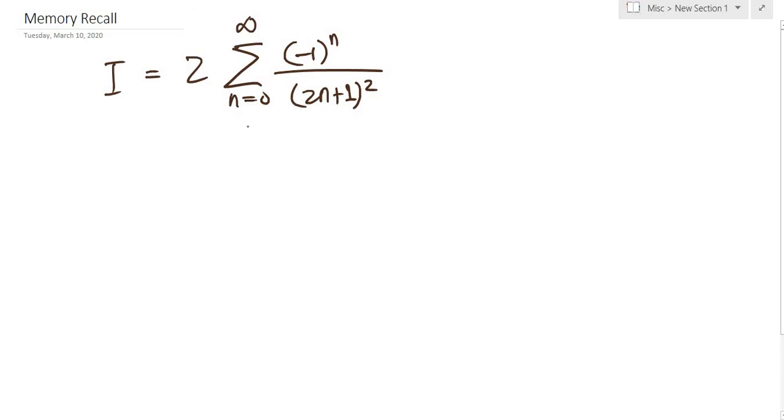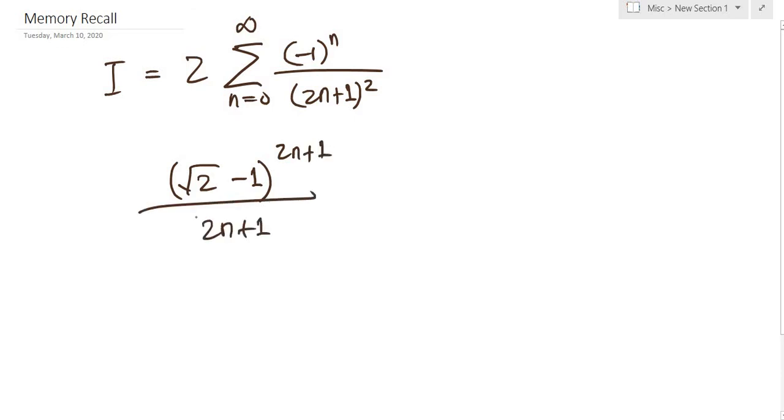Now I want you to remember my previous video where we had the square root of 2 minus 1 to the 2n plus 1 power divided by 2n plus 1 squared. If you remember this video, I think I can put a card up there.